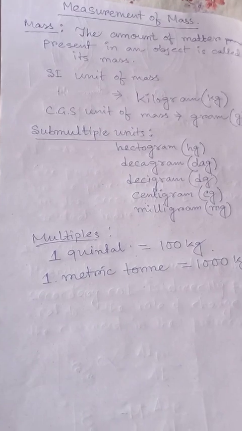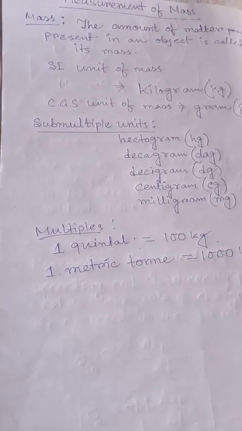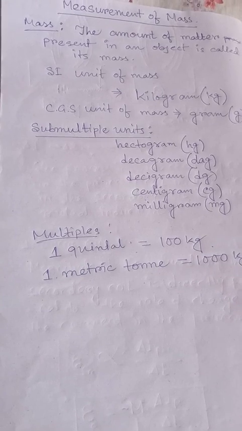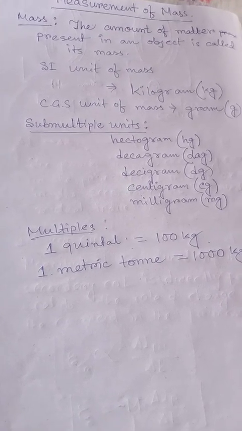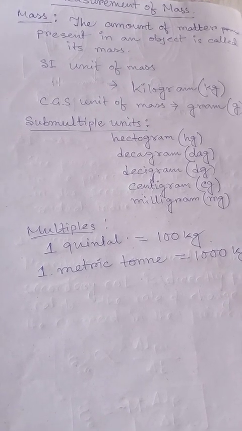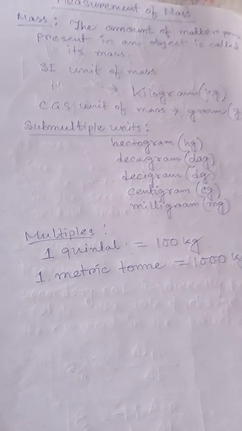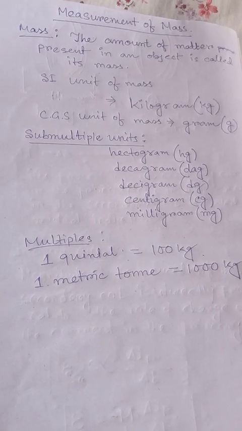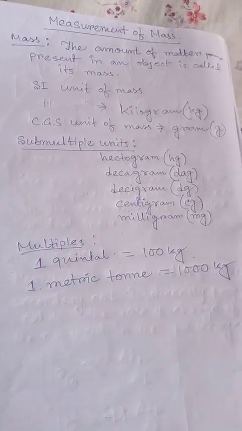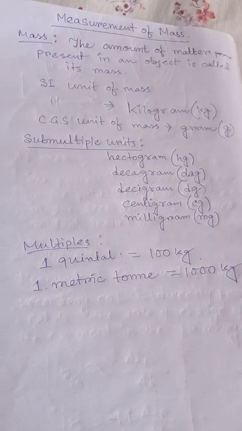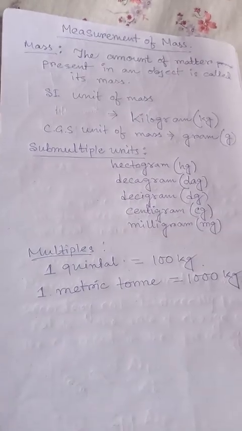But when we measure a bigger quantity, like the total production of crops in a village, a city or a town, in a state, we use metric ton. When we measure the mass of a field lorry, we use quintal.